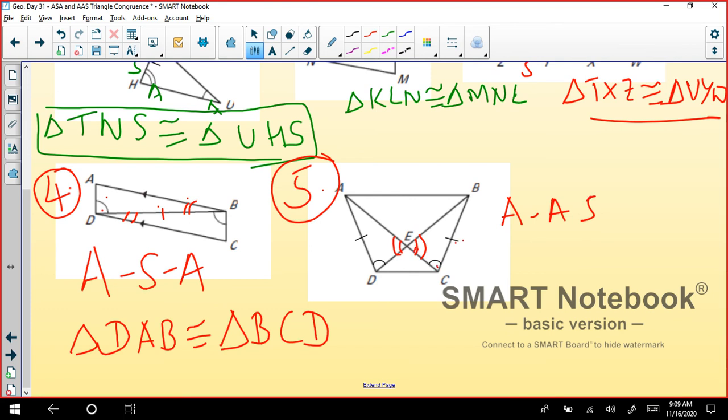AAS congruency, and I can say triangle BEC is congruent to, instead of B I can use A, instead of E I will have E itself, instead of C it is D, AED. Okay, triangle BEC is congruent to triangle AED.